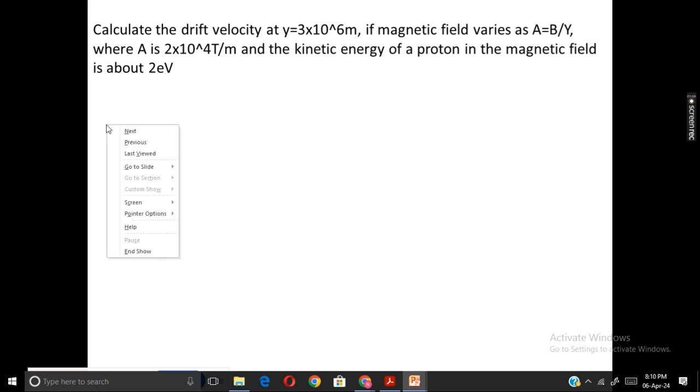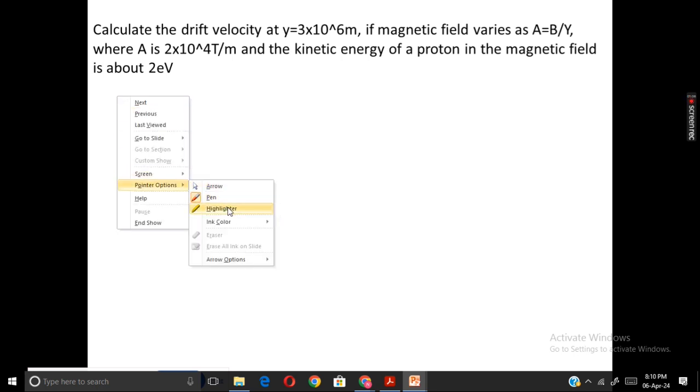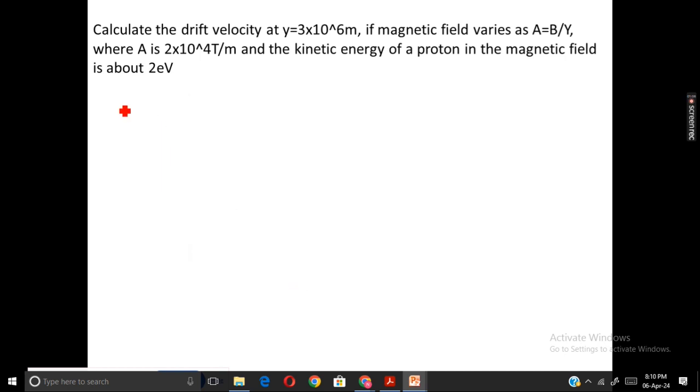So we basically want to calculate the drift velocity, but they haven't mentioned whether it is the curvature drift velocity or the gradient drift velocity.